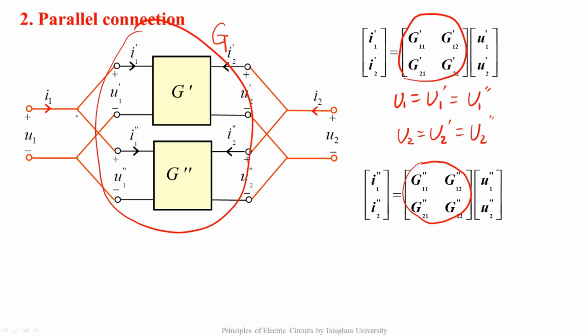For the current relations, I1 equals I1 prime plus I1 double prime, and I2 equals I2 prime plus I2 double prime.